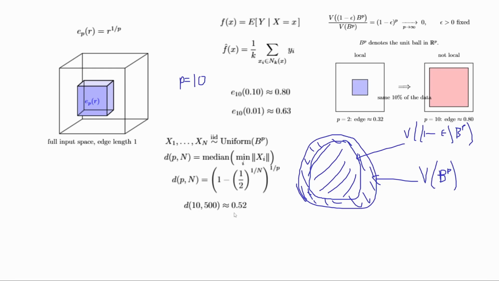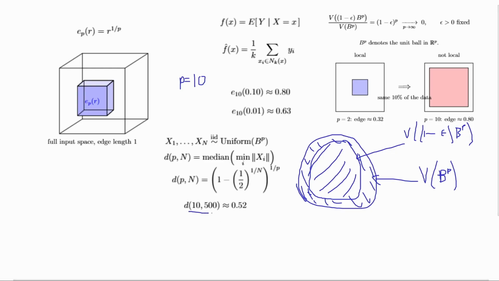We see that the closest point to the center, on average, is already more than halfway to the edge of the ball. So I want to say that again because that's really, really remarkable. We have 500 data points in only 10 dimensions. 10 dimensions is not that much in machine learning, but we have a uniform distribution on this hypersphere.